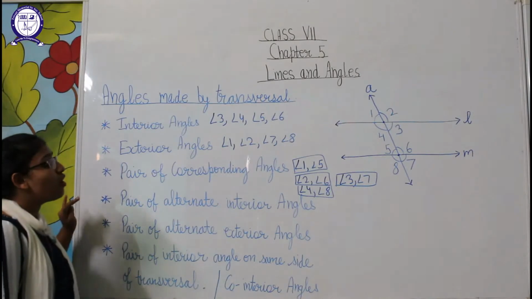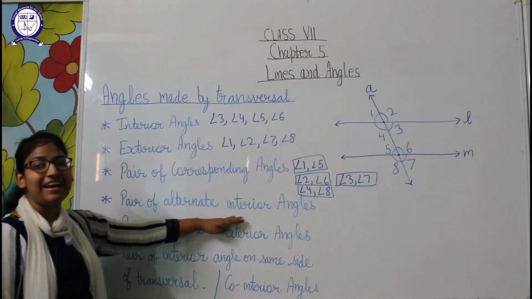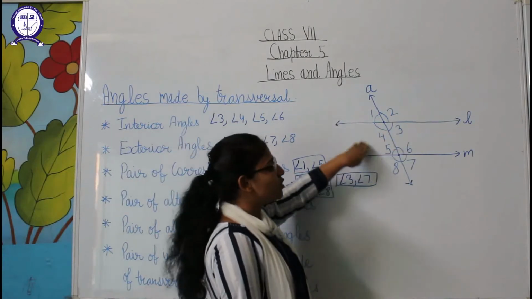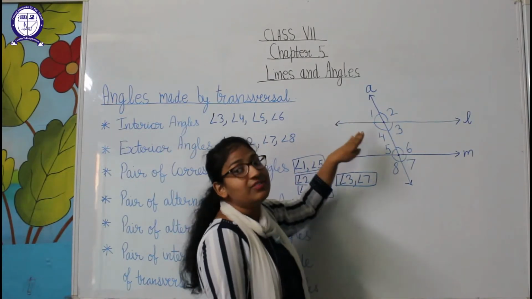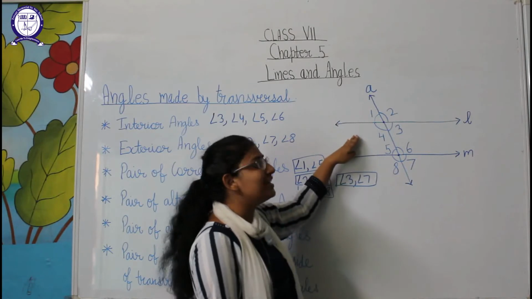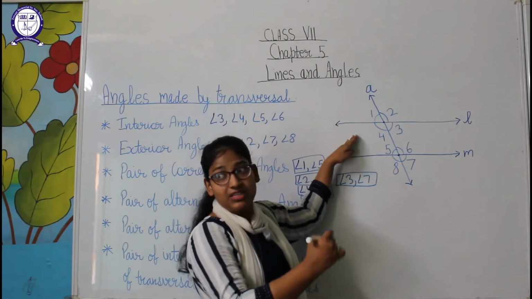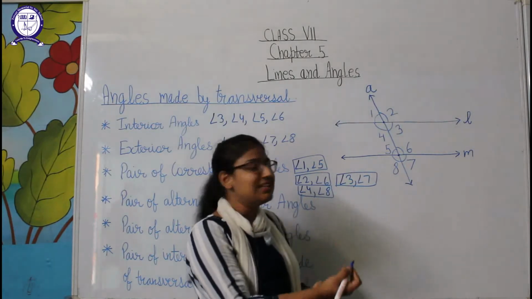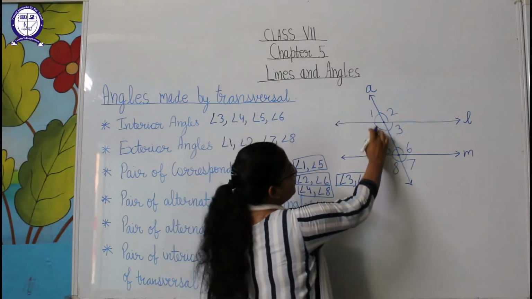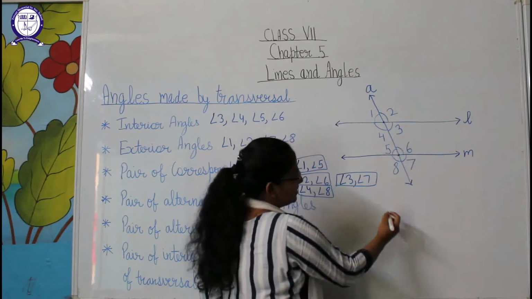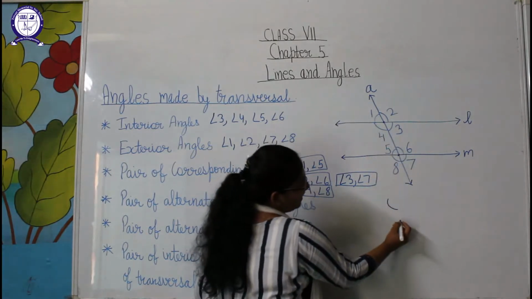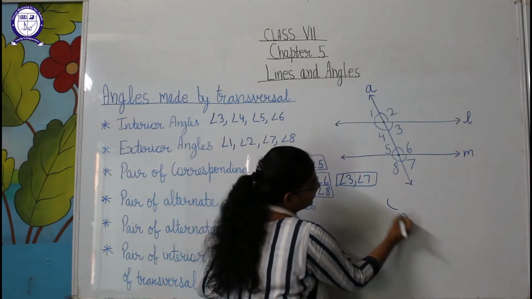Now pairs of alternate interior angles. You know about the interior angles. The angles lying in this portion are interior angles. And what are alternate? Alternate means there is 8 inside alternate. If we are pronouncing alternate, it means 8 is coming. So if we take angle 4 and angle 6, angle 4 is like this here, and angle 6 is like this here.